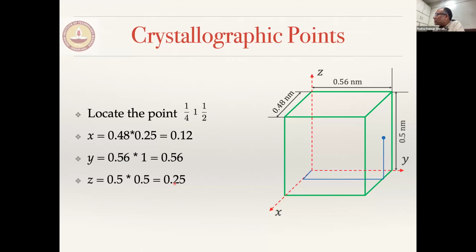That is the point that we are referring to. Is there a question here? Everyone understood how to identify a crystallographic point given its indices? These are called crystallographic point indices.